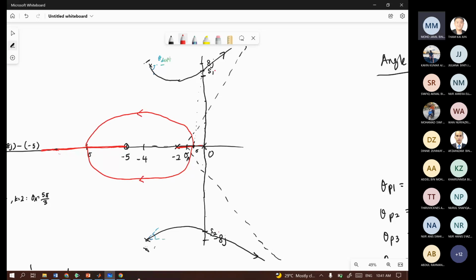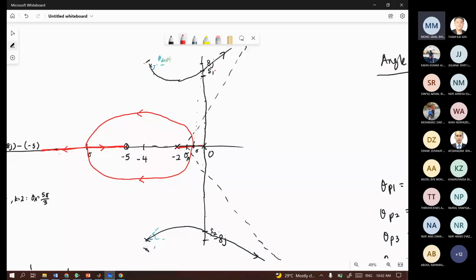And then one branch will go to -5, and the other branch will go to negative infinity. Okay, so the root locus will look like this, and you can check the actual shape using MATLAB.